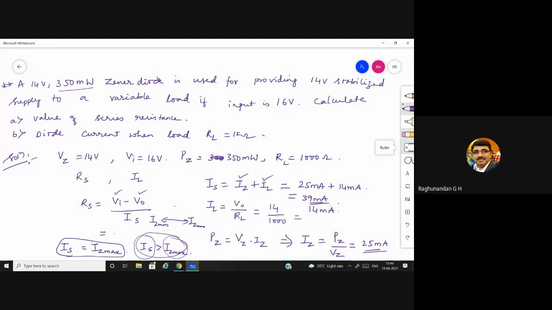So for finding RS, instead of taking IS equal to 39 milliamps, you have to take IS equal to 25 milliamps only. This important step you need to remember.